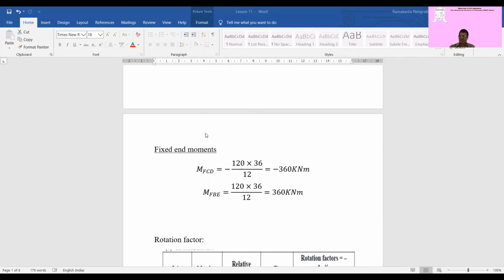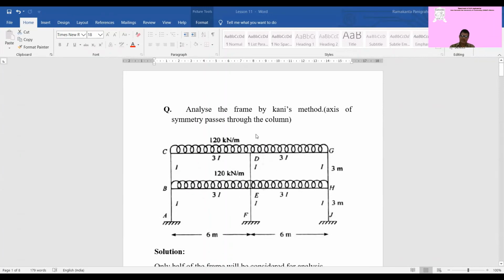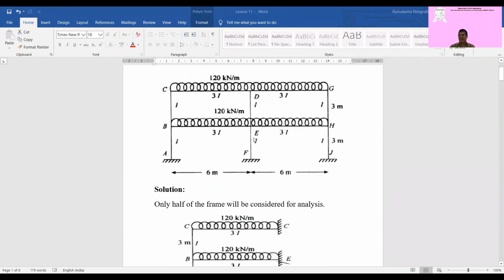But in case of columns, because you are taking the full span, it remains the same. And we have also seen that the moments that we get by the actual method of analysis and by the axis of symmetry do not have a lot of variations in the final calculation.